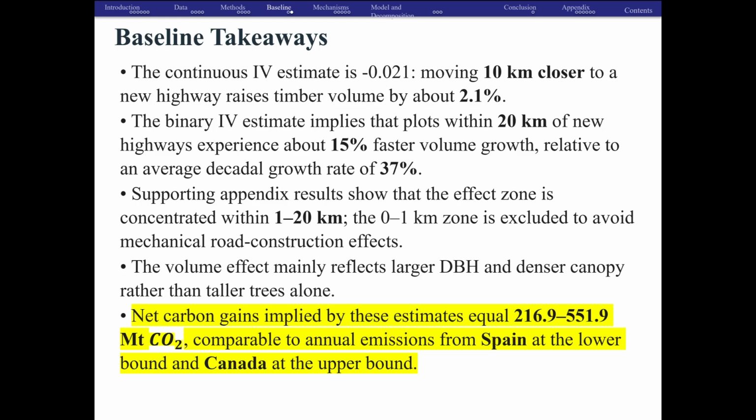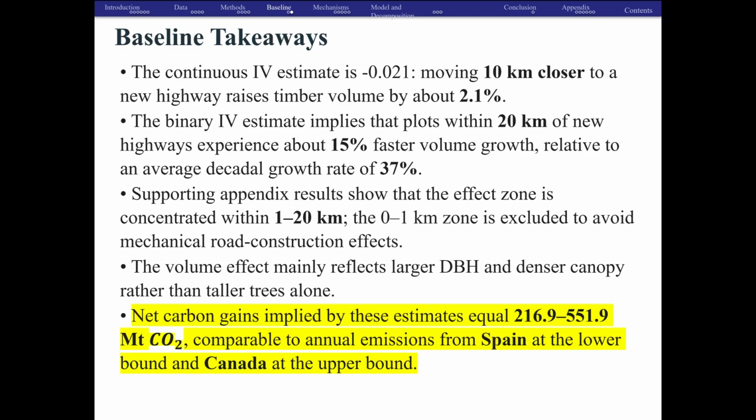Okay, based on the model, I didn't look at the model part, but basically that model tried to calculate the carbon gain. The carbon gain, because of this highway expansion and the forest volume growth, amounted to growing from 200 to 500 megatons of CO2.